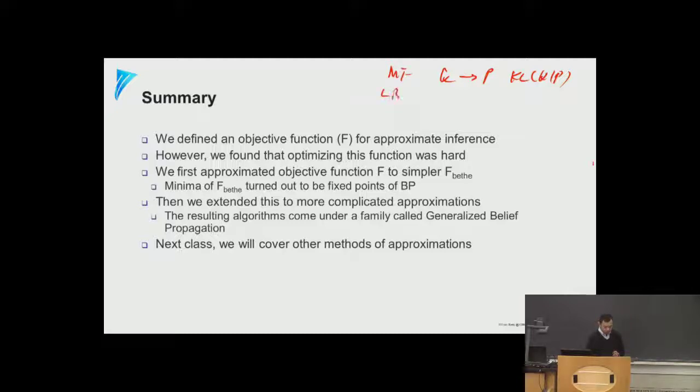And in the Loopy BP, we directly focus on the b of alpha and b of i, and we are using a Bethe free energy to approximate the true free energy, and we're going to minimize that and make b of alpha and b of i the argmin of the Bethe free energy.